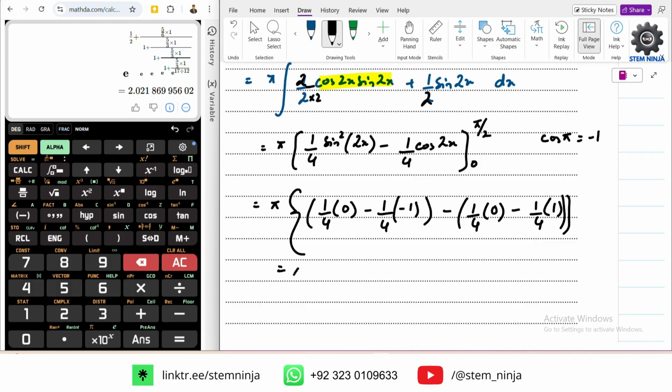So let's simplify. 1 over 4 times 0 is 0 plus 1 over 4 minus 0 and plus 1 over 4. So 1 over 4 plus 1 over 4 is 1 over 2, so it's basically 1 over 2 pi.